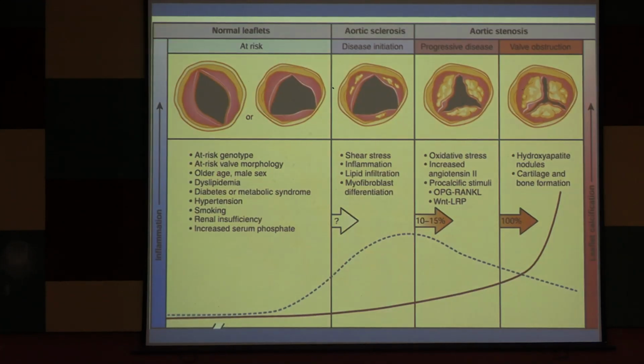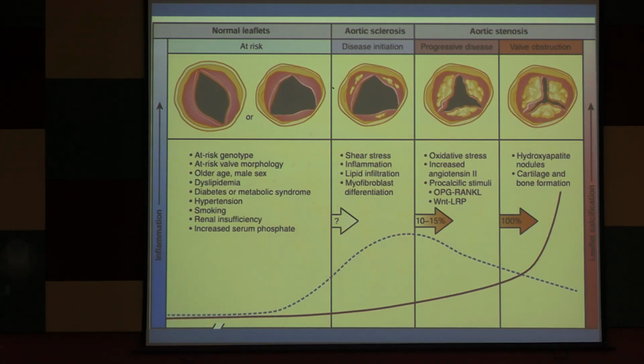Now progression of the fibro-calcific aortic stenosis or degenerative calcification of the aortic valve. Degenerative calcification, that means there are two components, one degeneration, second is the calcification.